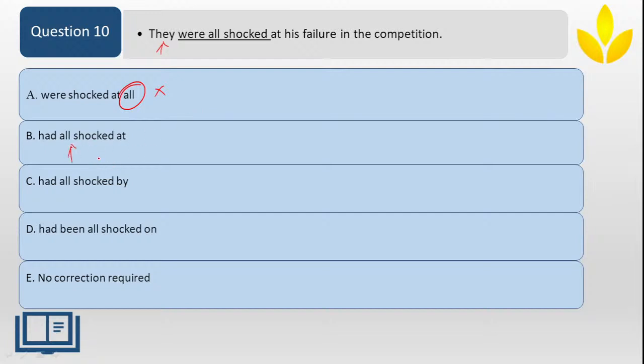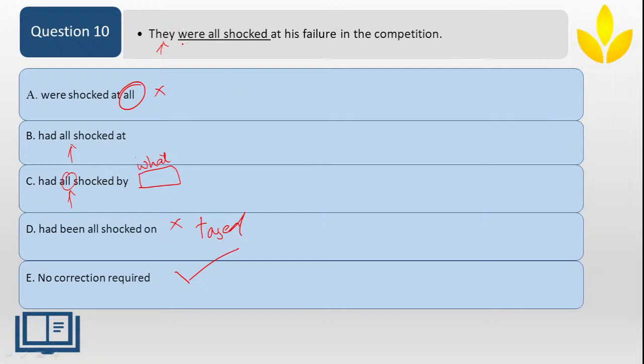No, it did not happen to them. "They have all shocked by." "All" is given again, wrong. Shocked by what? "They had been all shocked on." No, nobody tased them. So no correction is required.